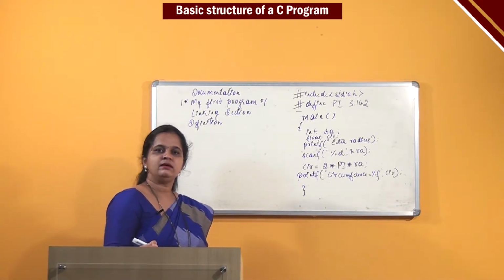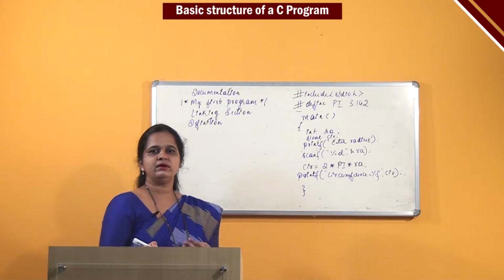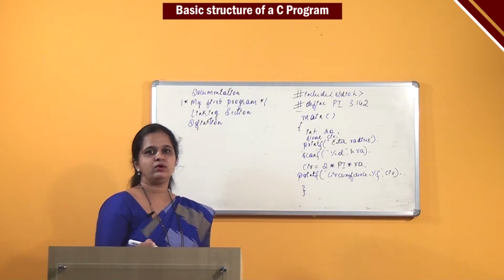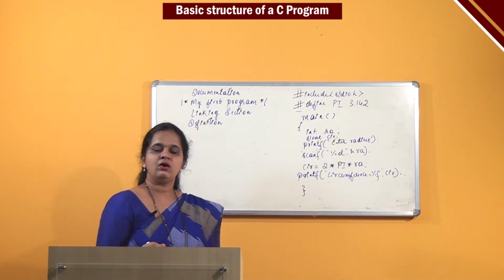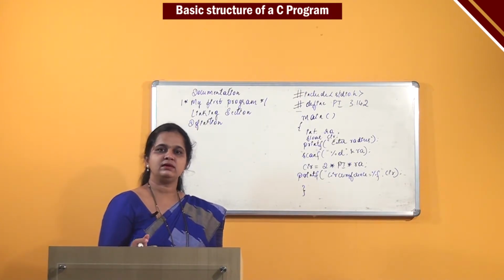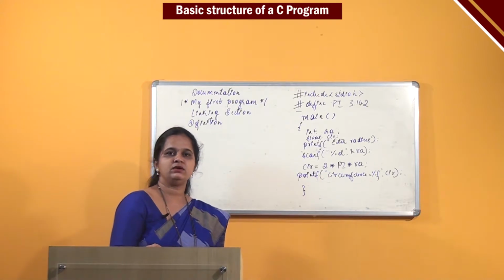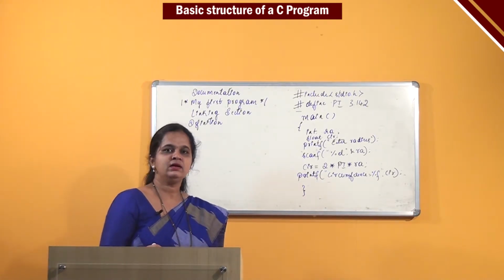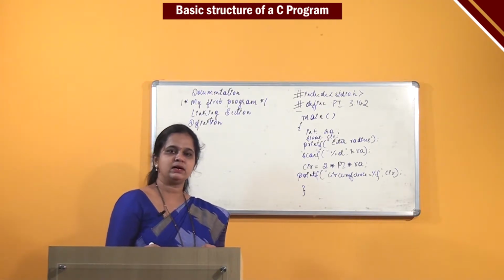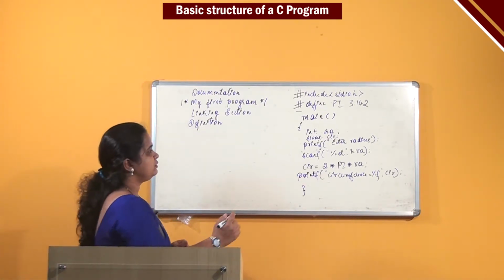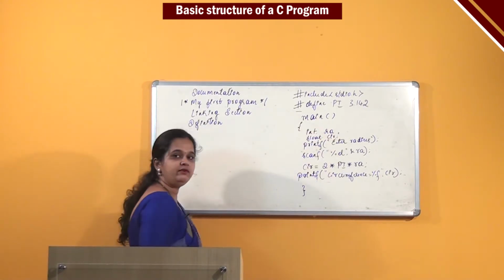The very basic type of symbolic constant that can be declared is like this PI, or maximum marks in the case of students' result calculation, because maximum marks never changes whenever I use it in my program. The maximum marks is always a constant. So those things are to be defined here.